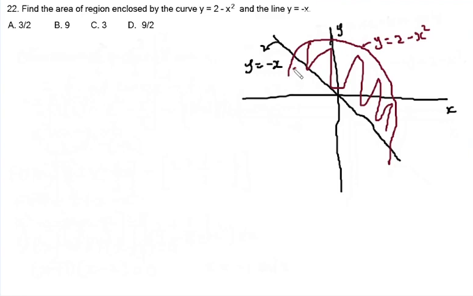Okay, so to find the area, you need to know where it starts and where it ends in our graph. Our area starts from here and then ends here. So these 2 points are simply the intersection points.